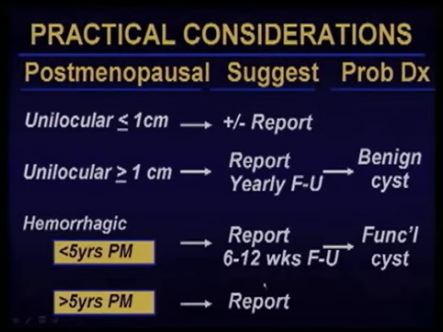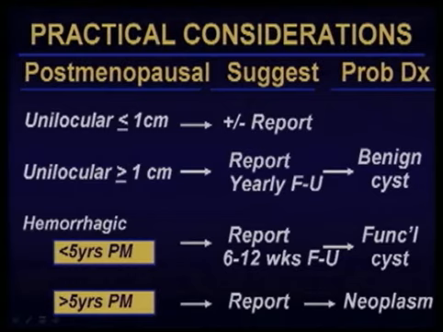But after 5 years, they said you do not ovulate anymore and you would be worried about a neoplasm. Frankly, I am worried about all hemorrhagic processes after the menopause, even these early ones. Remember I said that ovarian cancer rarely hemorrhages, but occasionally it can, and so I would be worried about a neoplasm because I never want to miss a neoplasm if I can help it.